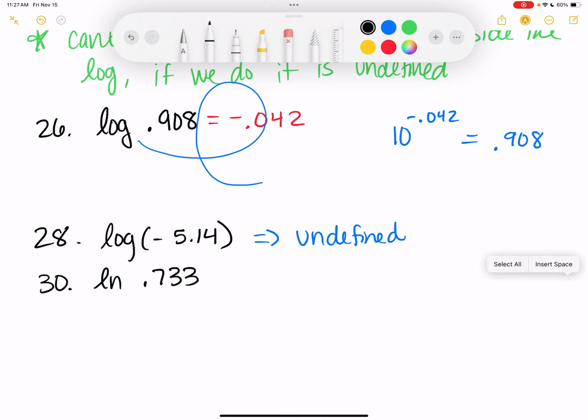So with this one, this is a natural log. You have an ln button over here underneath log. So just hit ln and then put the number in. And I got negative 0.311. And again, you could check it if you wanted to.